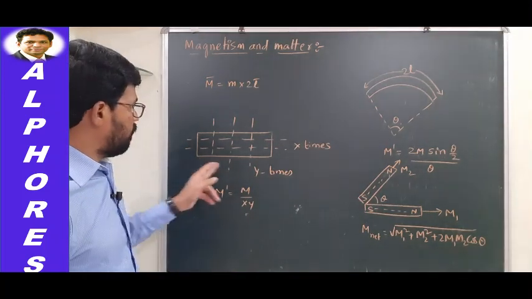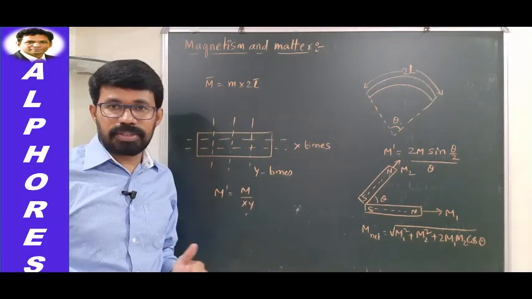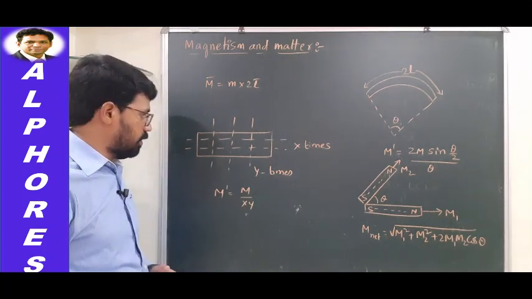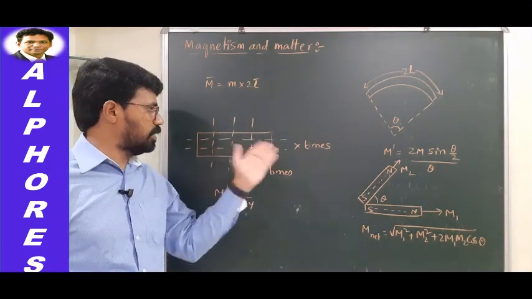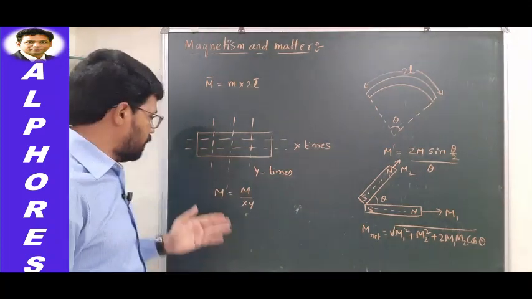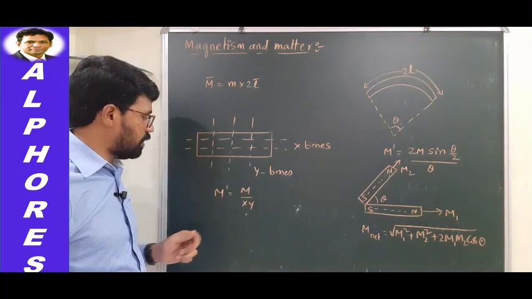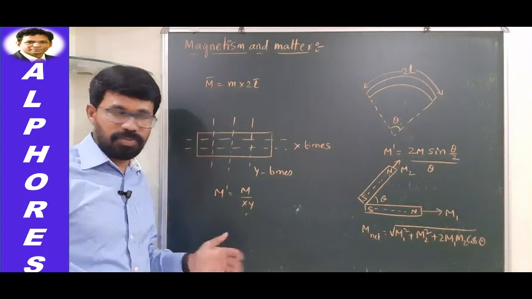If a magnet is cut parallel to its length x times and perpendicular to its length y times, into y pieces and x pieces, then the magnetic moment of each individual piece will be M by xy. This is what we have seen.